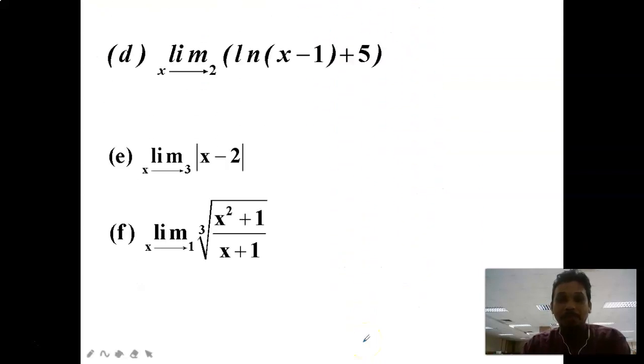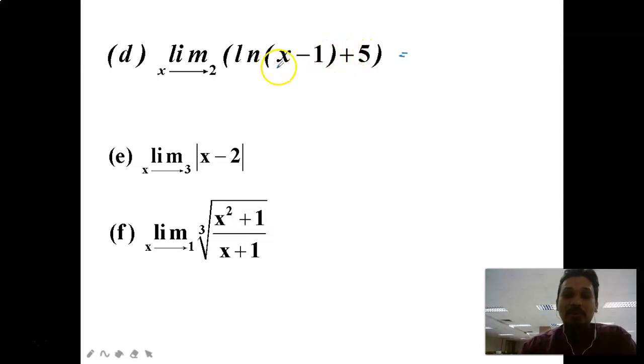Next one. What about this one now? We substitute x equal to 2 here. 2 minus 1 equals 1. So the natural log of 1 still gives us a value, where the natural log of 1 equals 0, plus 5.